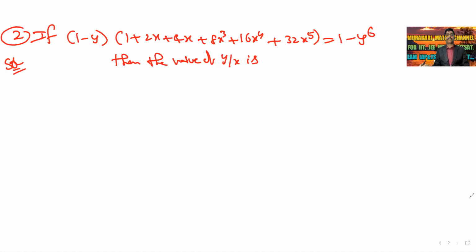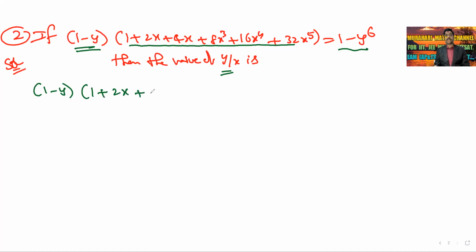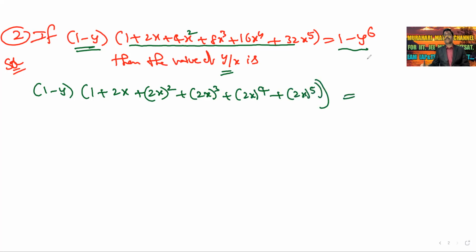Okay, what is our target? The y by x value. What is given? 1 minus y into this value is equal to 1 minus y to the power 6. So 1 minus y into 1 plus 2x plus 4x square, so 2x whole square, so 8x cube, it will be 2x whole cube, 2x to the power 4, 2x to the power 5, equal to 1 minus y to the power 6.